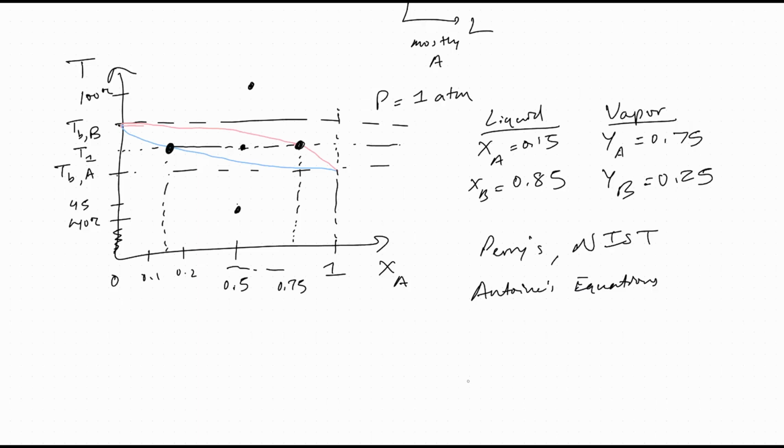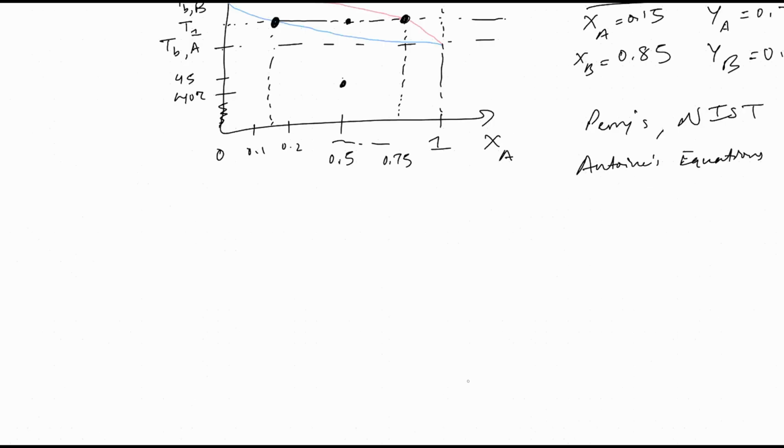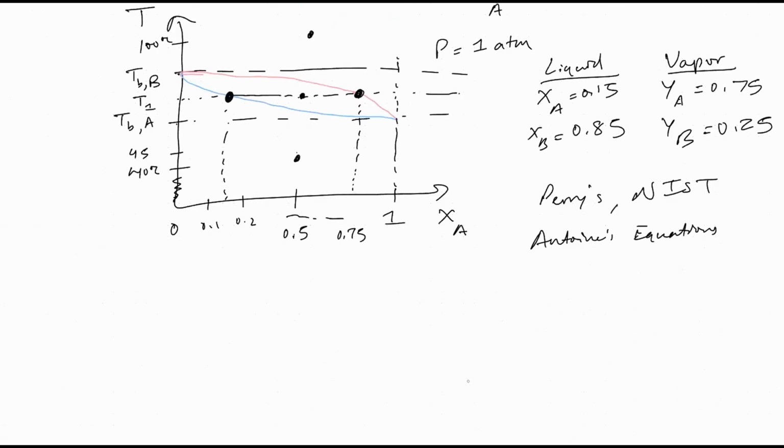All right, the one last point I'll make here is that typically what happens is the boiling points will meet at one point, but they can actually intersect each other at a different point beforehand. So I'll give you an example of that here.